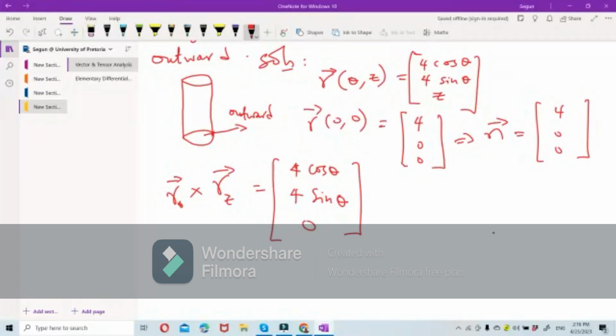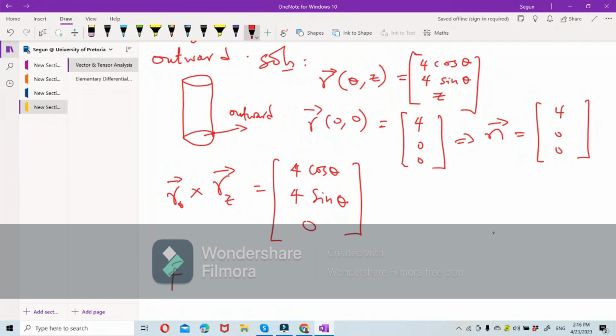Then we can now go ahead and do what we call the dot. But before you do the dot, we need to go and substitute into our f.